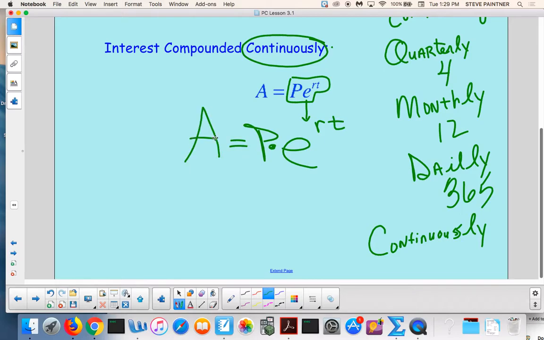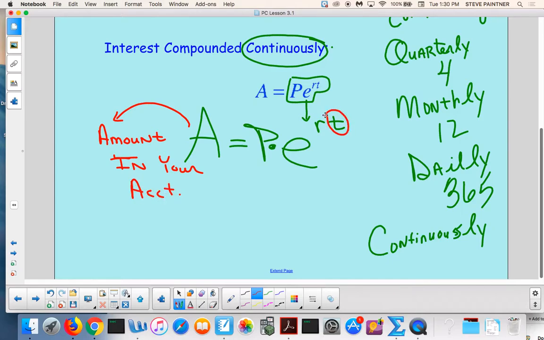Is anybody going to ask me what the A stands for? This is the amount in your account after T years or T months or T days or whatever.